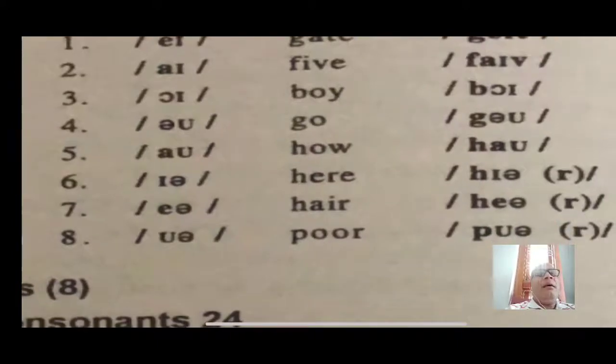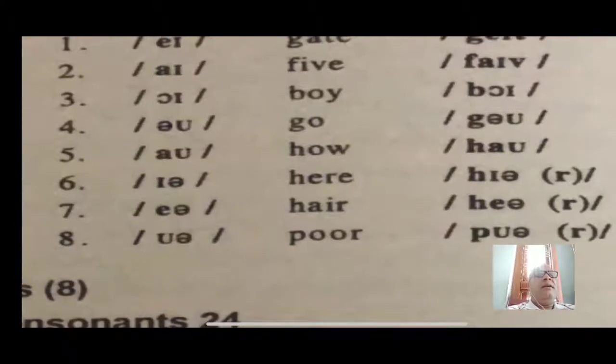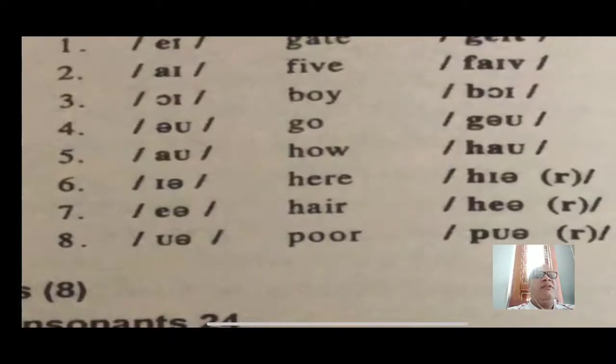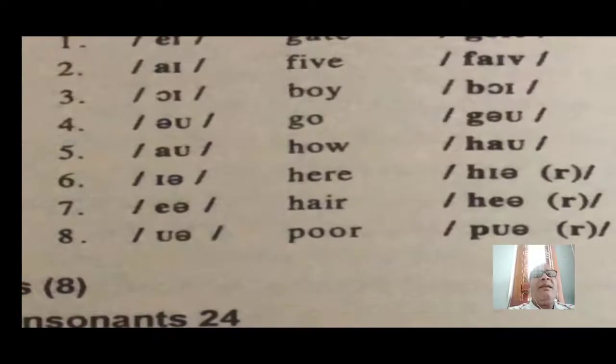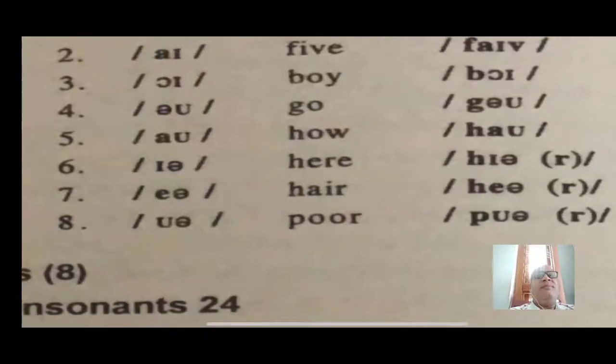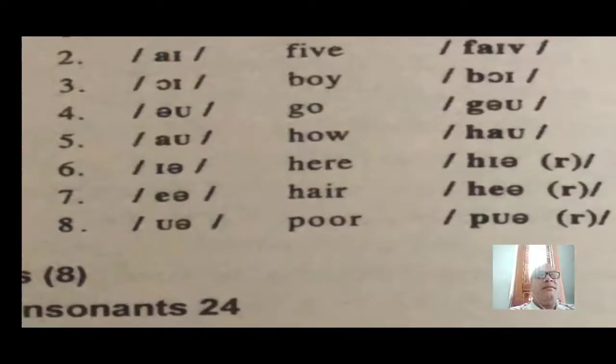Then ear, here we are saying, but here R is an aspirated sound, so it will become here. Then air, here also somewhat aspirated, and oa, that most of the time we may hear in our Indian context as poor, but it is poa.